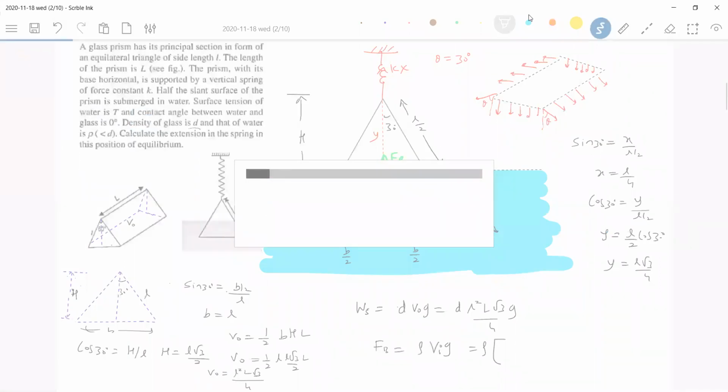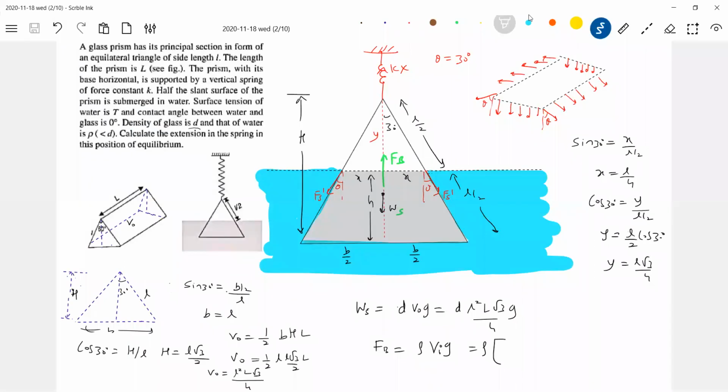Even for me, I have to fight with the diagram. There's no other way. How to calculate the volume immersed? In the bigger volume, V naught minus the volume of the smaller prism. What is the volume of the smaller prism? This white color, or I'll put some yellow color.